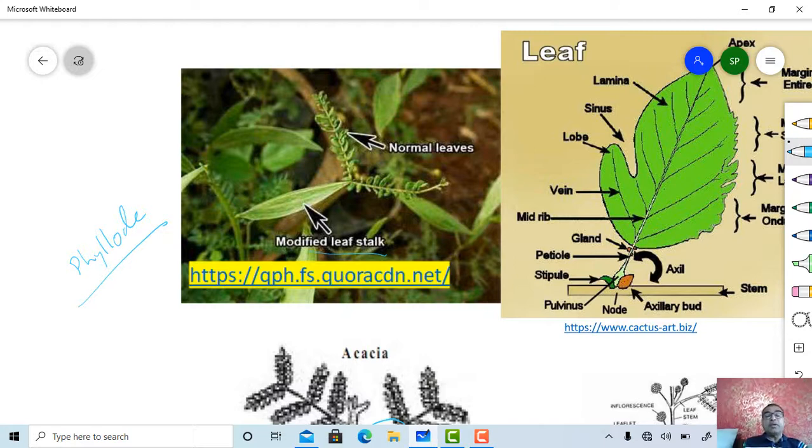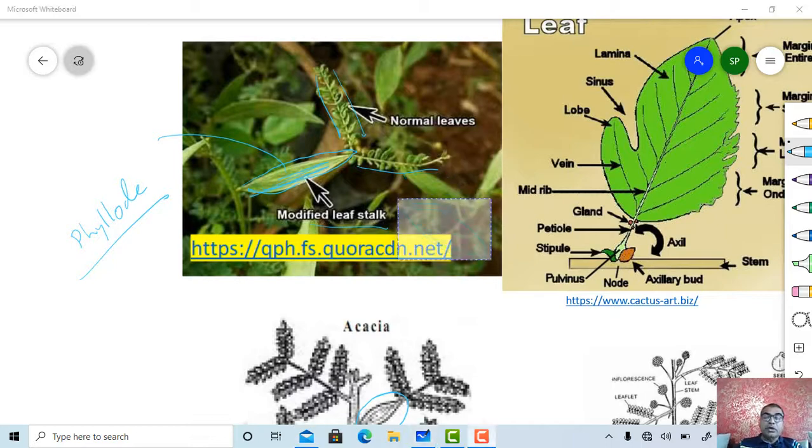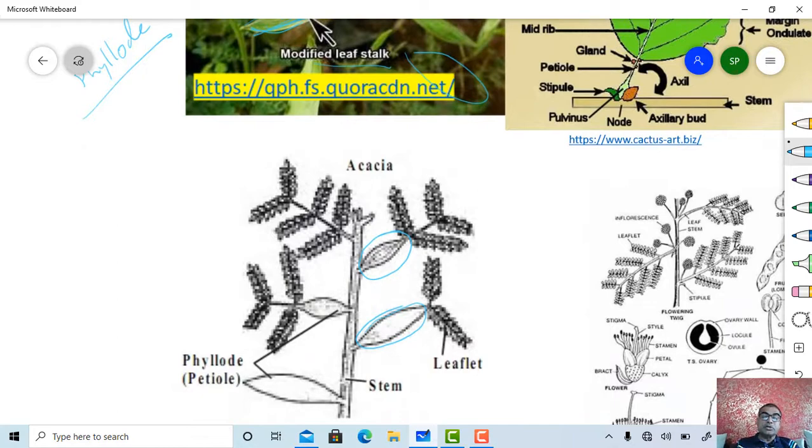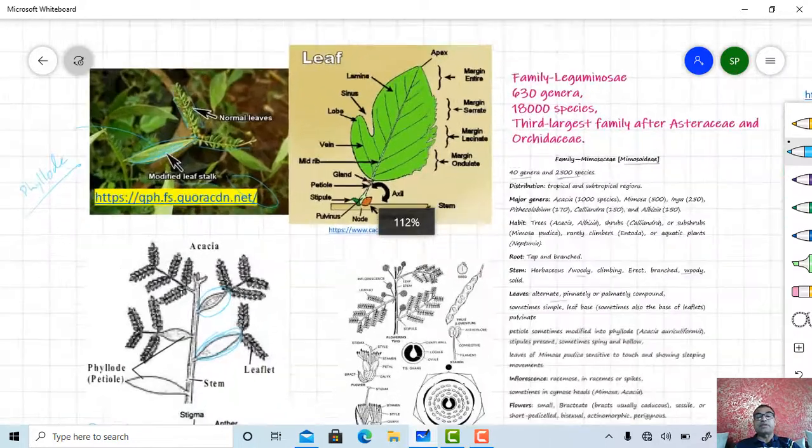Phyllodes is a modification of the leaf petiole into a leaf-like structure, performing the function of a leaf, okay. And again leaflets are present on it. These structures are called phyllodes in Mimosaceae.